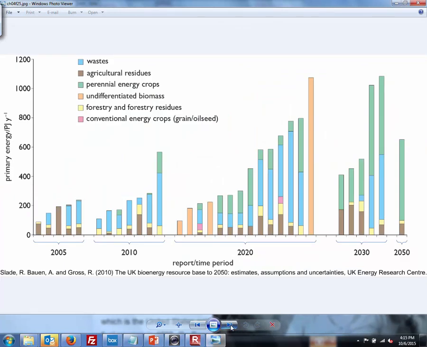here's estimates for the potential contributions from biomass, and this is going to be a good segue into the last little bit I want to show you here. And these are a lot of different studies. Each one of these bars is just another paper out there in the literature, someone's estimate as to how much bioenergy is actually extractable. You can see some of them don't include waste at all.